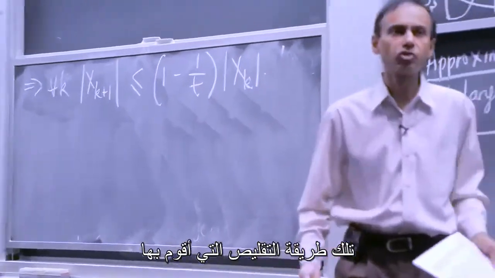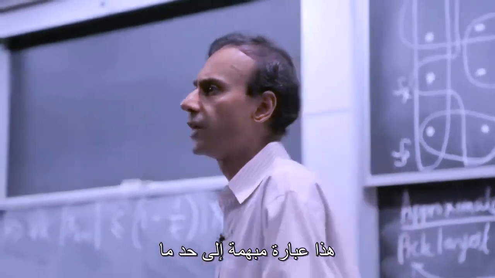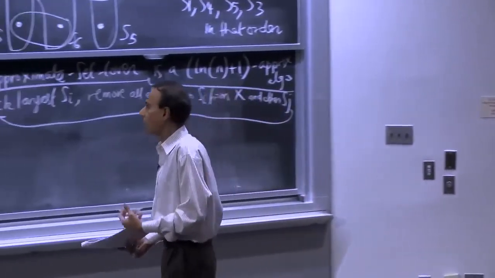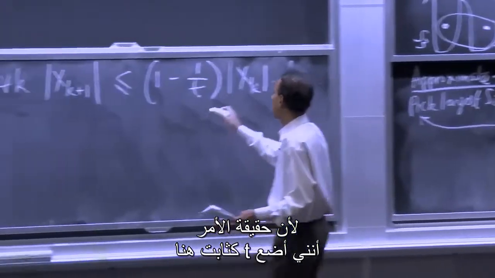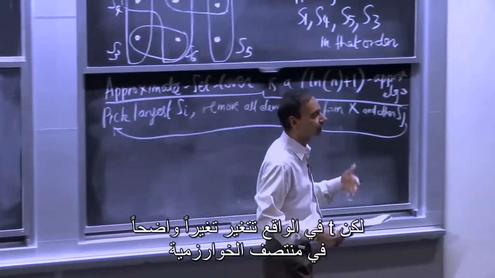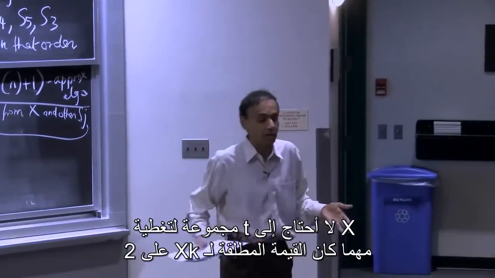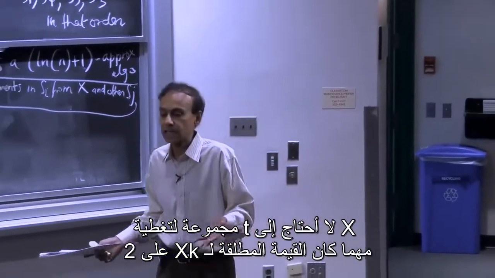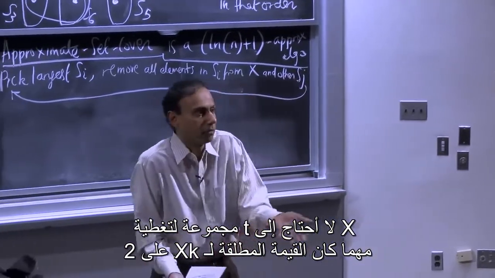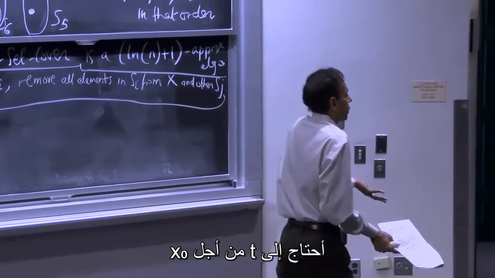That's the way I'm shrinking. This is a fairly conservative statement, because I'm putting t in as a constant here, but t is actually, in effect, changing. Obviously, halfway through the algorithm, I don't need t sets to cover xk over 2 or whatever it is that I have. I need the t for x0.